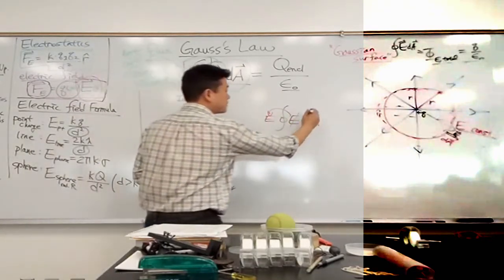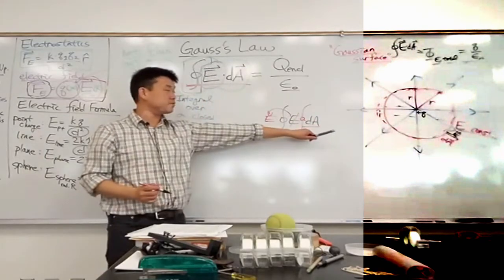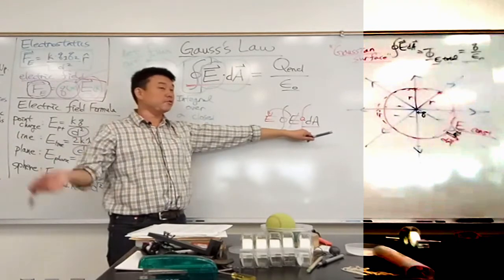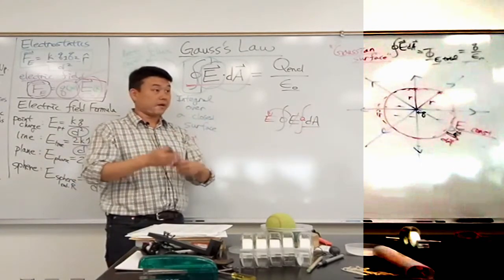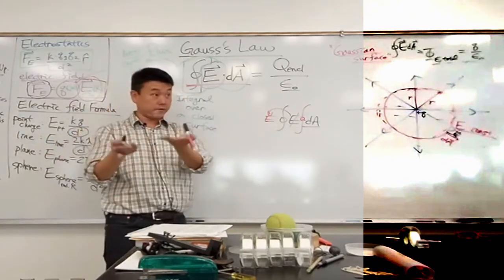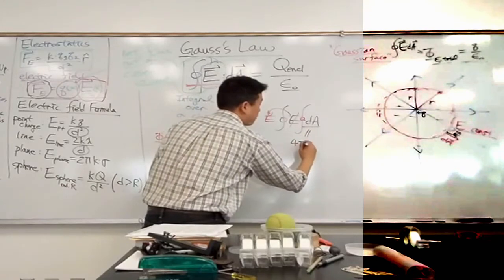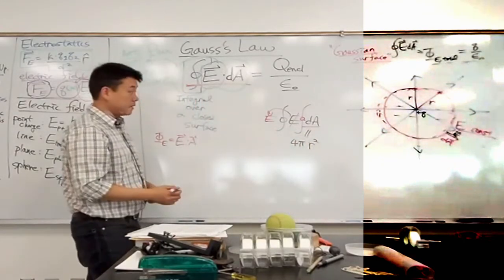So this becomes the closed surface integral around the dA. Anybody know what this should be for a sphere? Or if you don't know the formula, describe what it should be. 4 pi r squared, or the surface area of a sphere. So this is simply going to be the surface area of the sphere, 4 pi r squared.